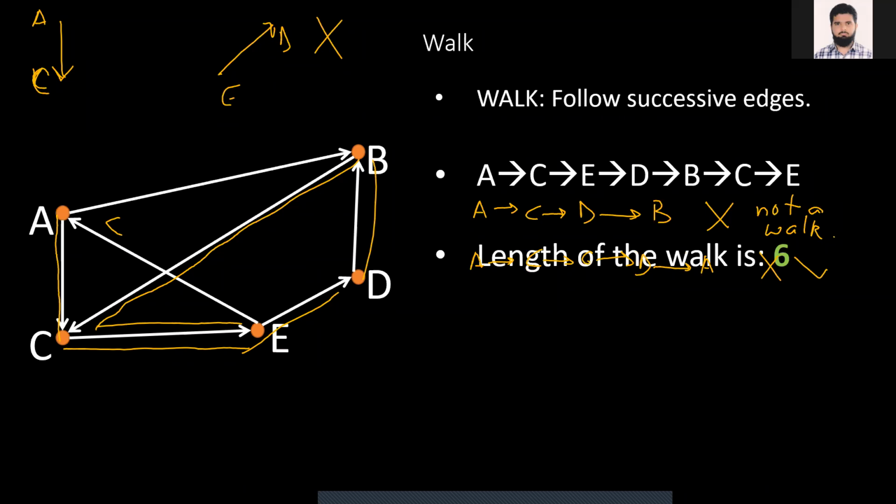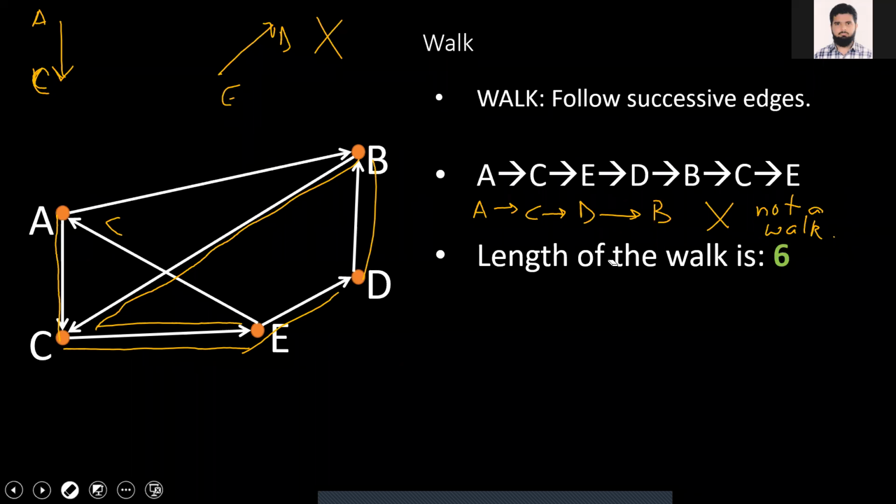The next concept that we have is that of the length of a walk. The length of a walk is nothing more than just the number of edges in the walk.